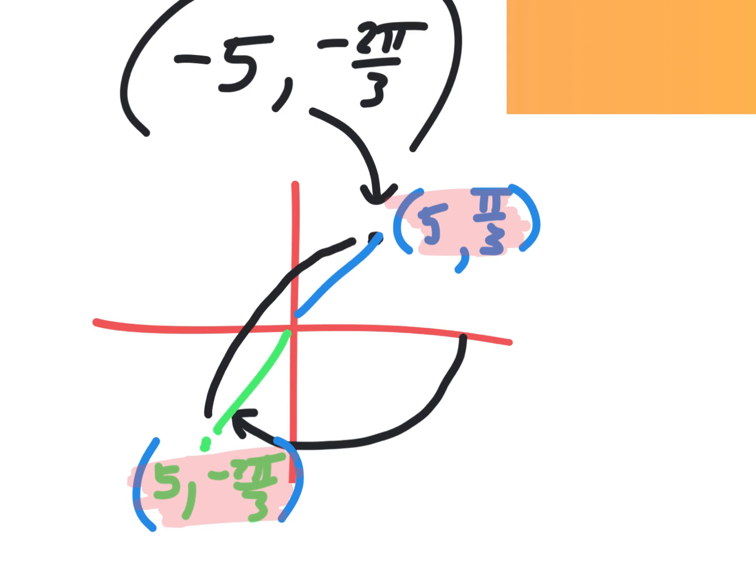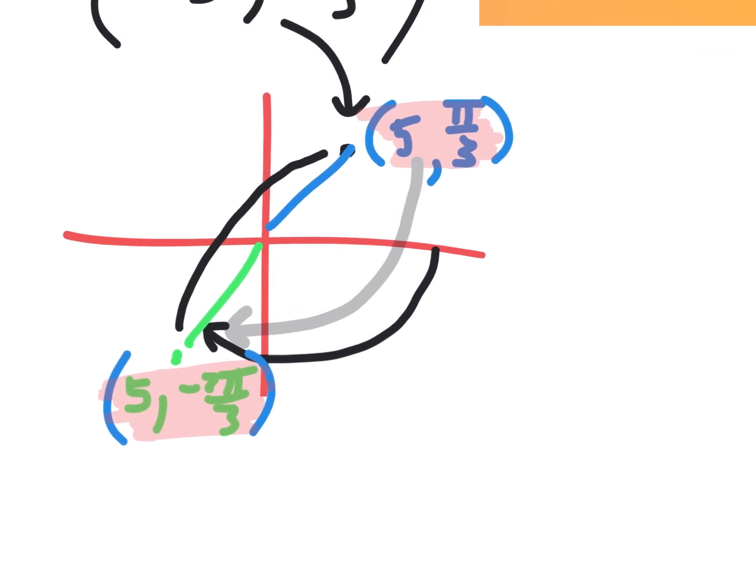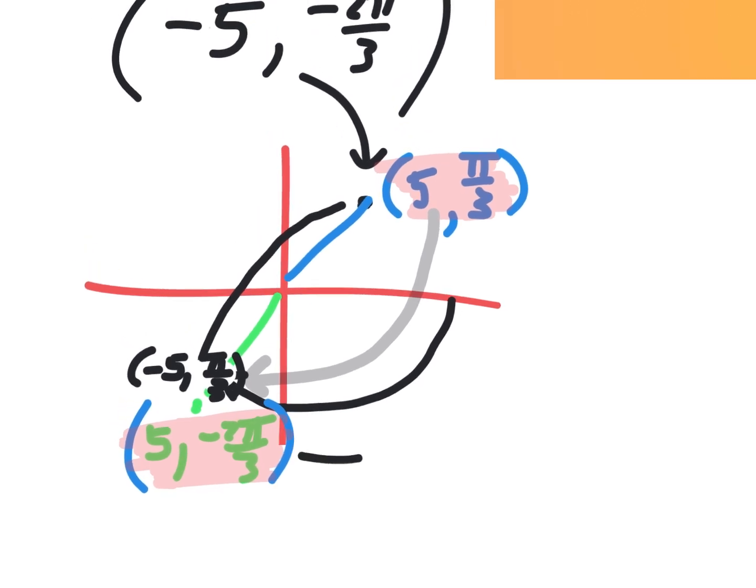Then, if you want to bring this one over here, you'd change it to -5. So it would become -5, comma, π/3.